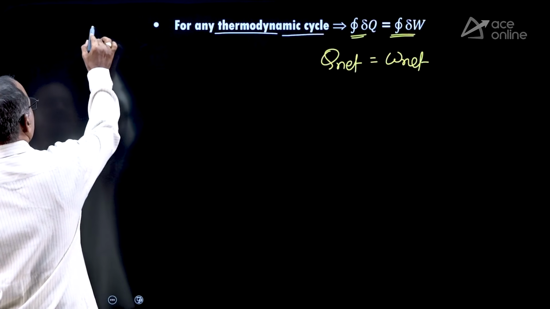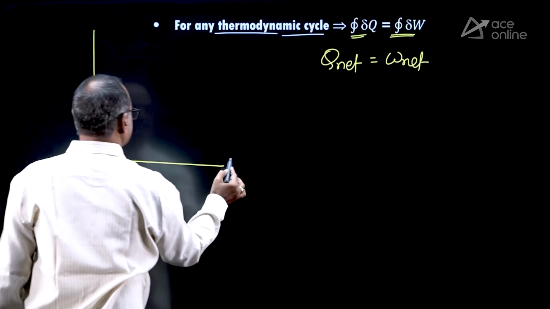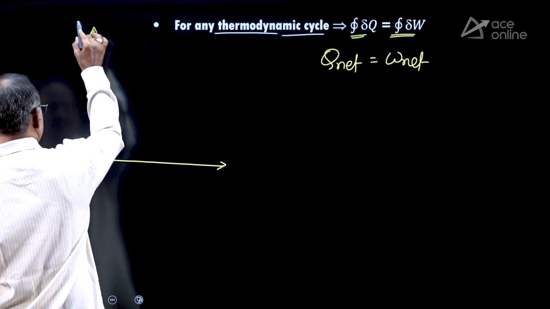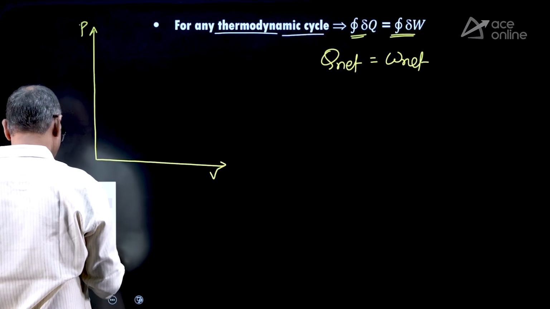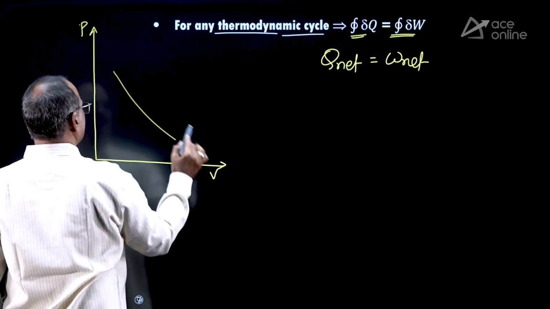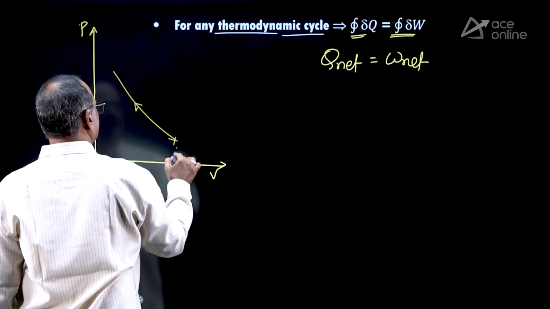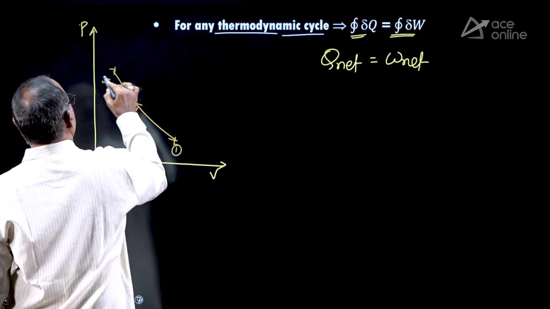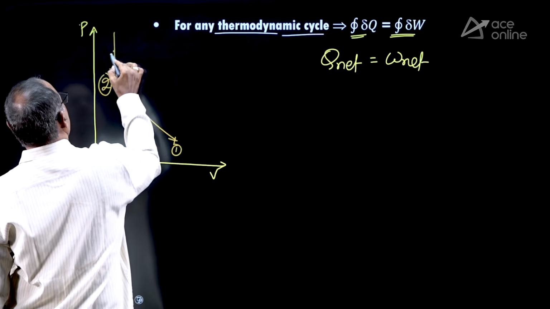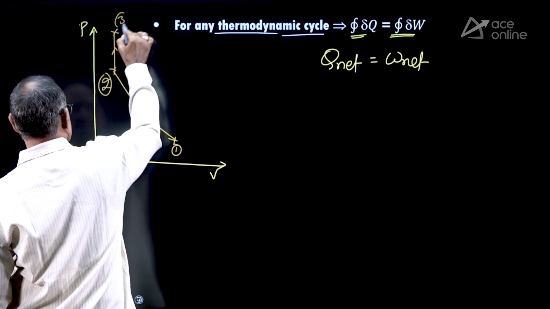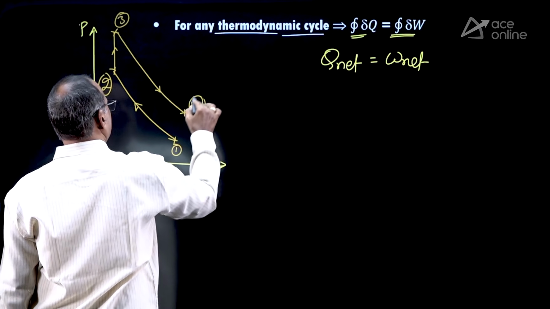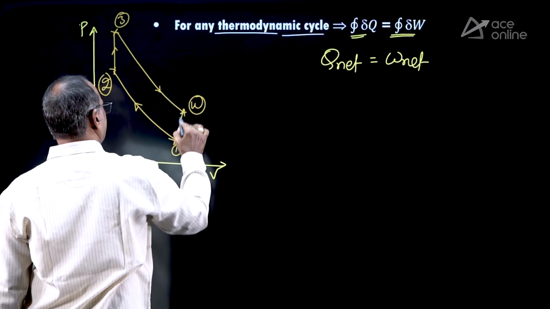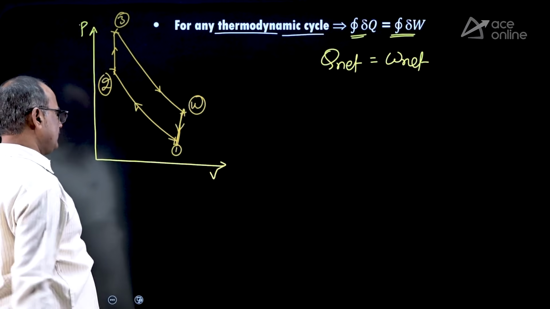As you know, the Otto cycle consists of mainly 4 processes. On a pressure versus volume diagram, 1 to 2 is the isentropic compression, reversible adiabatic compression, followed by 2 to 3 constant volume heat addition. Similarly, reversible adiabatic expansion, and 4 to 1 isochoric or constant volume heat rejection process.